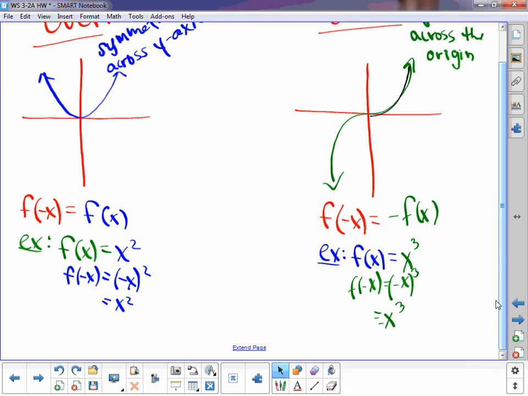Now, where this comes in handy for us in calculus is dealing with area underneath the curve. So let's say, for example, I just went from -2 to 2 and found my area underneath the curve. Assuming that I drew this properly, what can you tell me about my area underneath the curve? It's the same on both sides, right?